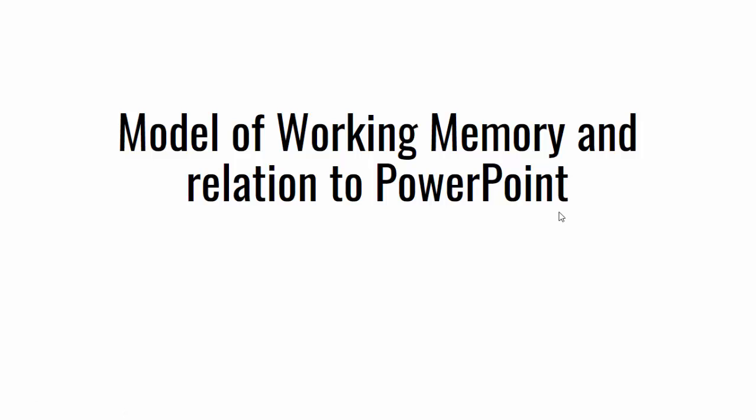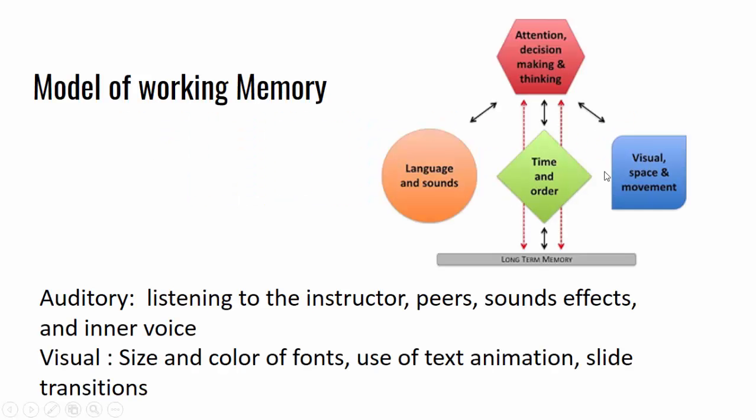Muhlenberg College researchers use the Baddeley-Hitch model of working memory as their basis for studying the effectiveness of PowerPoint lectures. And this is a simple image depicting the model of working memory. The top red hexagon illustrates the executive functions of the brain, and this is attention, decision-making, and critical thinking.